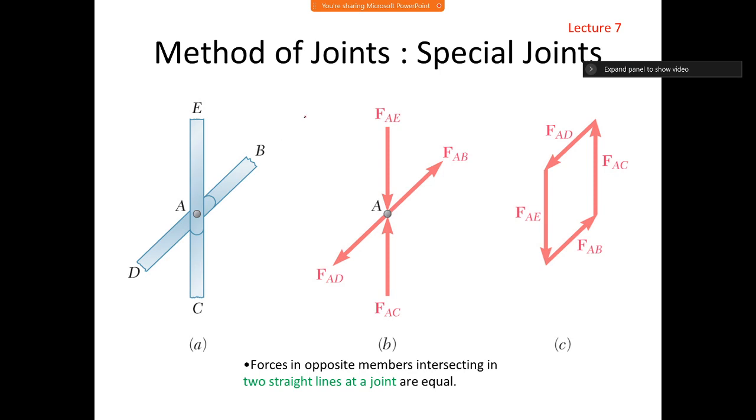In this figure you can see I have a joint A, and I have members AD and AB connected in a straight line, and AE and AC also in a straight line. If I draw the free body diagram of pin A, this is figure B that you can see here, where FAD is in this way.